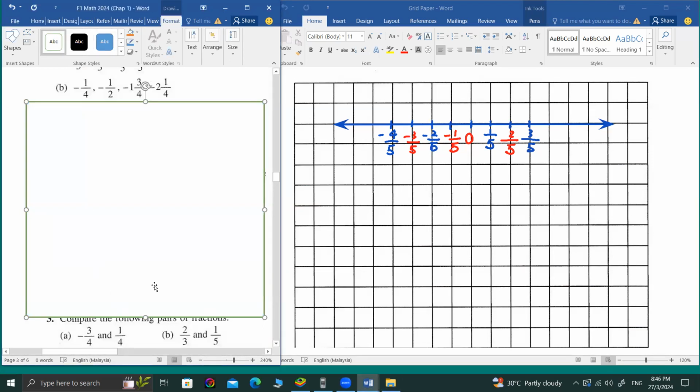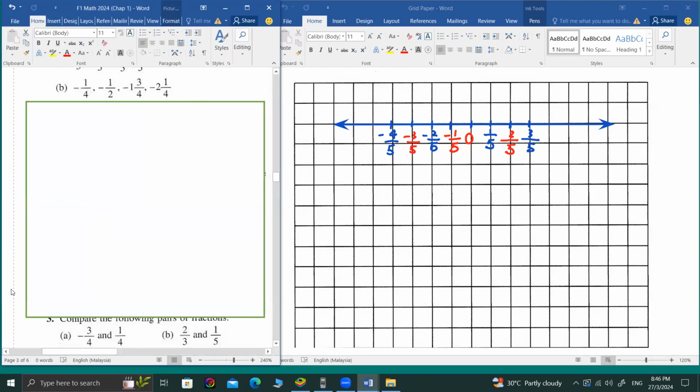Before I start to do B, you all listen to me first, class. Can you see B with different denominator? What you need to do is, class, you make it to the same denominator first before you start to do. Here.